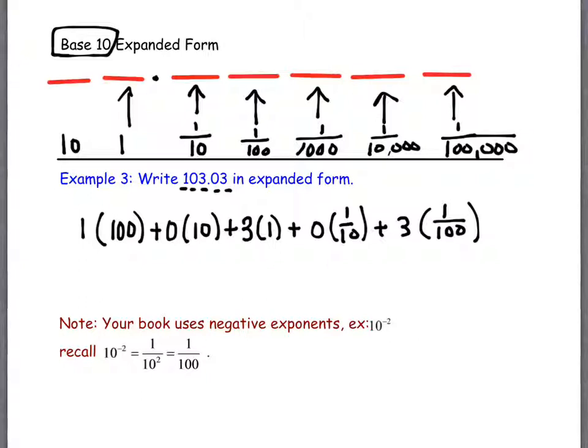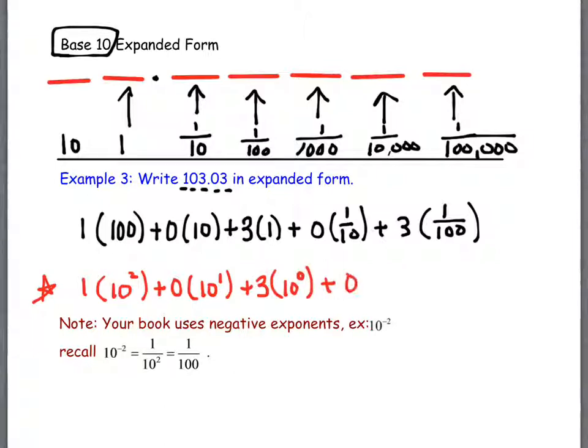Intuitively, this is what those place values mean. Now here's what you're going to see if you look at the back of the book for this problem. This is what the back of the book is going to say: 1 times 10 squared plus 0 times 10 to the 1 plus 3 times 10 to the 0 plus 0 times 10 to the negative 1 plus 3 times 10 to the negative 2.